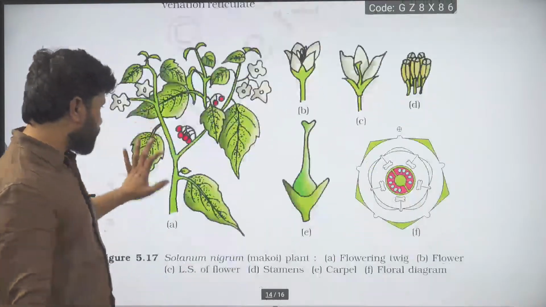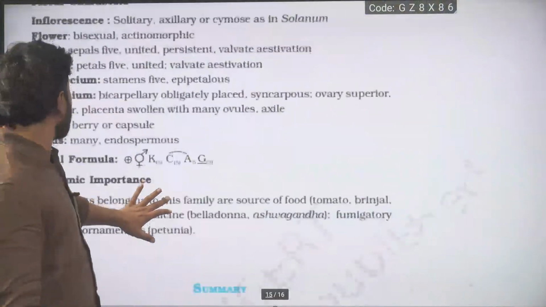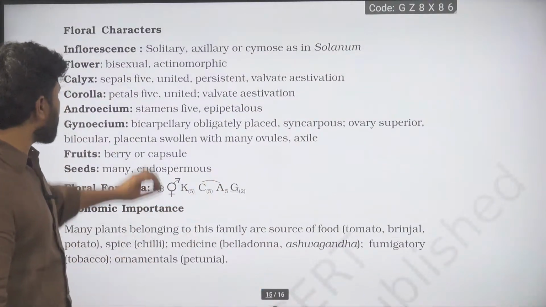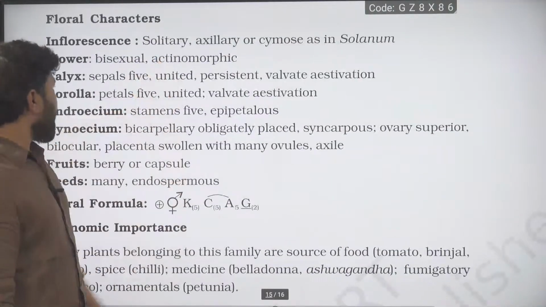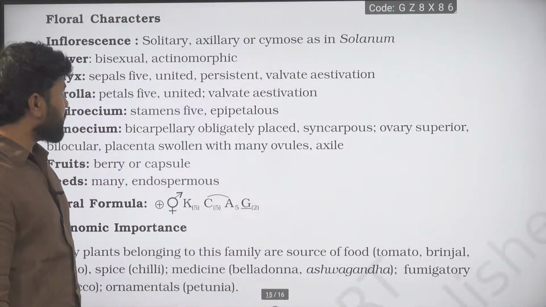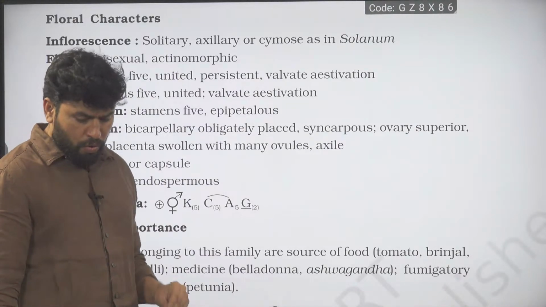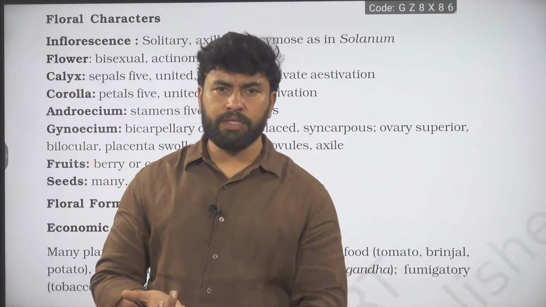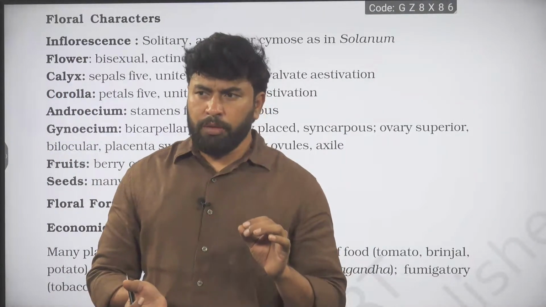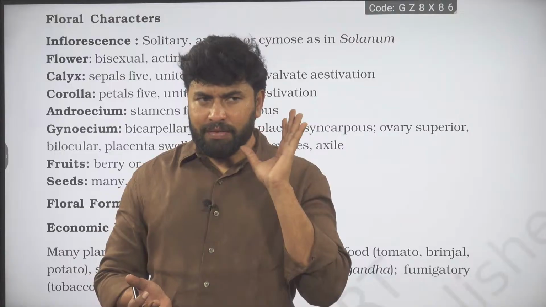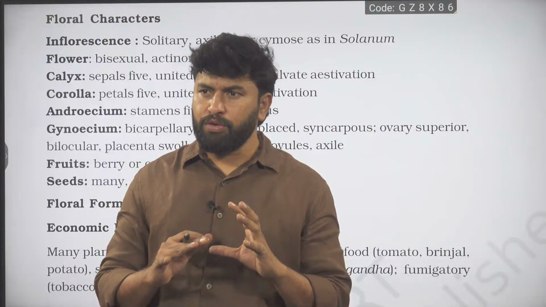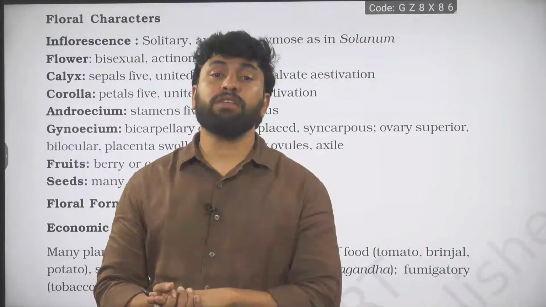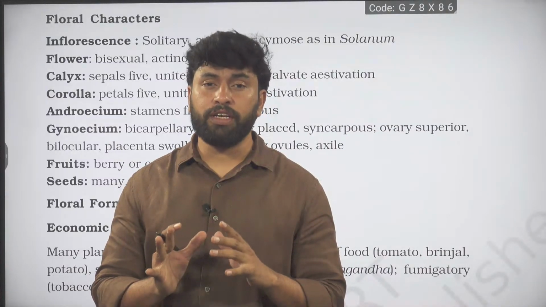Next one, then go to the common inflorescence character. Inflorescence: solitary, axillary, cymose, as in the case of Solanum. What do you mean by solitary? When we were learning inflorescence, we said if a shoot tip converts into a single flower instead of developing into many flowers, it is always solitary.